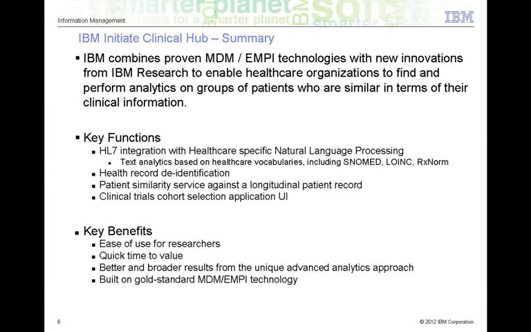And then the second piece of it is some capabilities that we have found from IBM Research, who have been working in the health informatics area for a number of years. Some of the capabilities we're taking from the research folks are algorithms that match patients based upon clinical data to find similar ones.